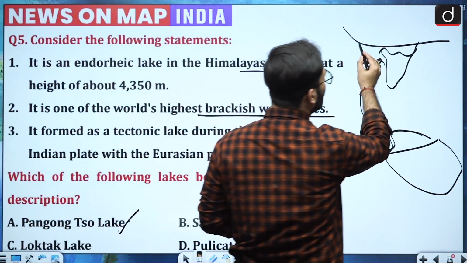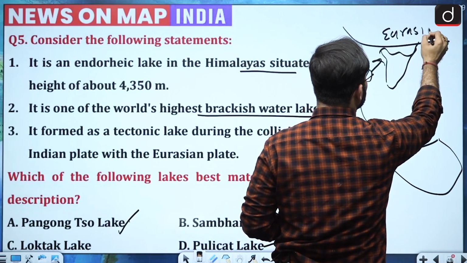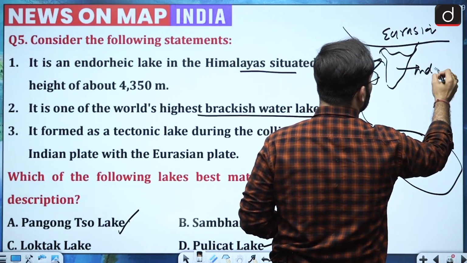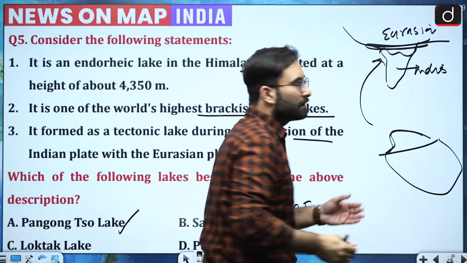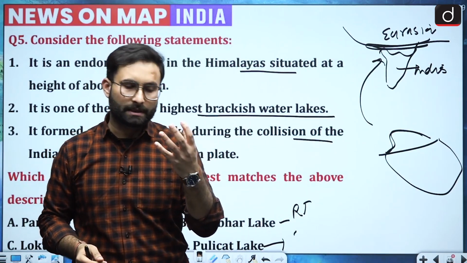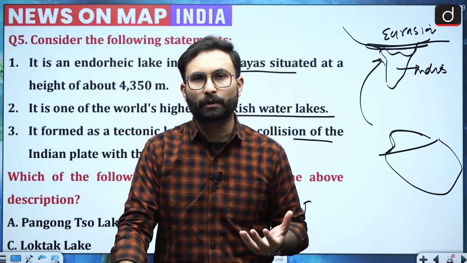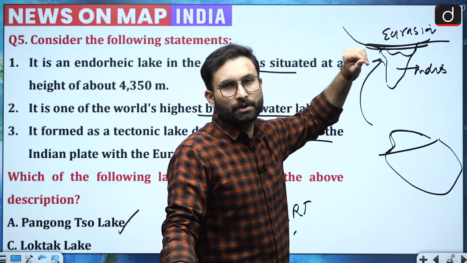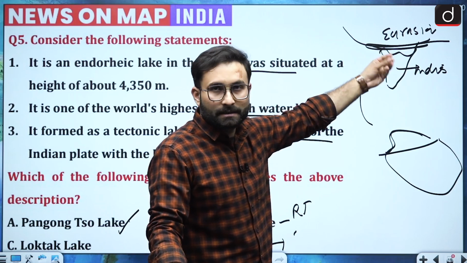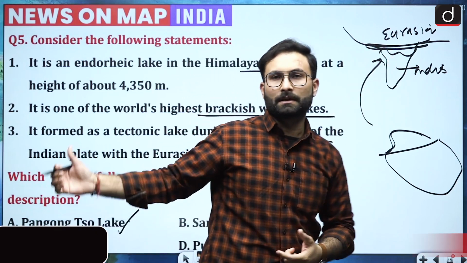Now when these two strike, this is the Eurasian plate, this is your Indian plate, this is the formation of the Himalayas. You can say that the Himalayas are basically the youngest mountains. These are fold mountains, which have been formed because of the collision between the Indian plate and the Eurasian plate. Because of this tectonic activity, this lake was formed.